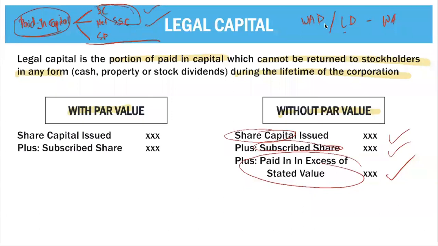Because in a wasting asset, you can still distribute in excess of your retained earnings. So you can still also distribute the amount of your paid-in capital if you still remember your wasting asset doctrine. So you can not only declare your retained earnings, but you can also declare as a dividend your capital. We call them your liquidating dividend.